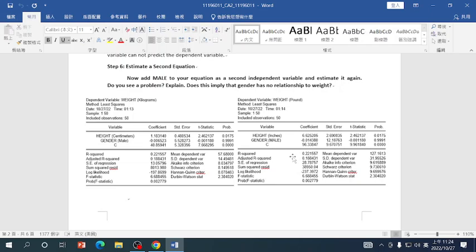Either one of them. How about using the pounds and inches? Explain the coefficient.